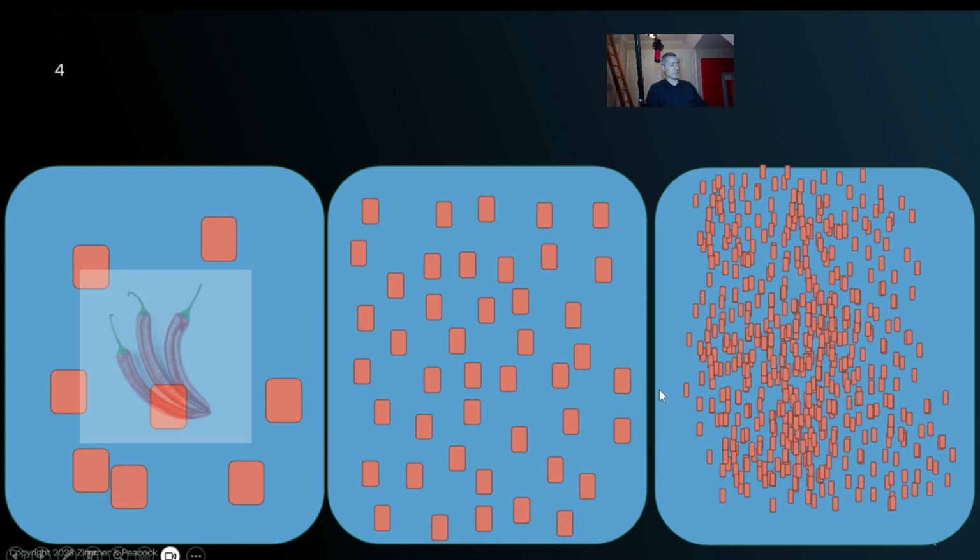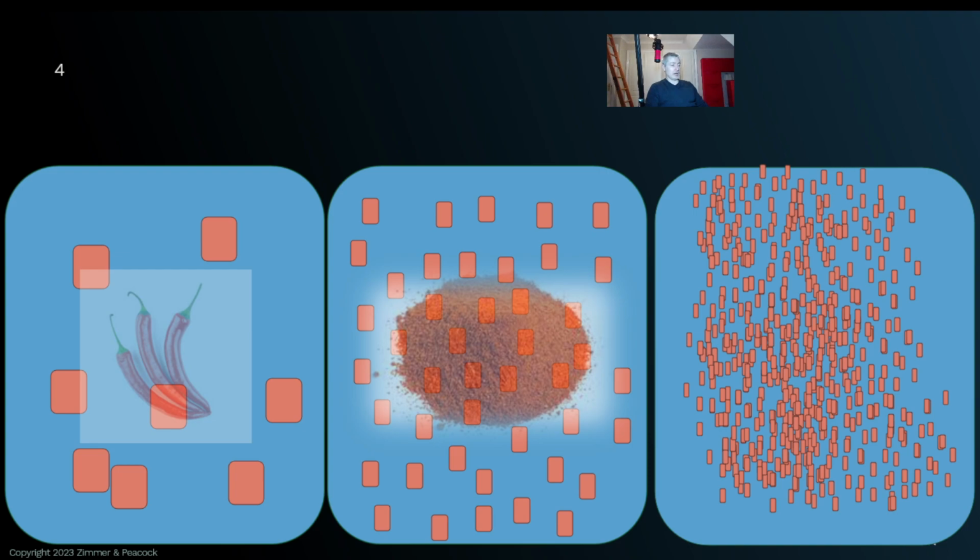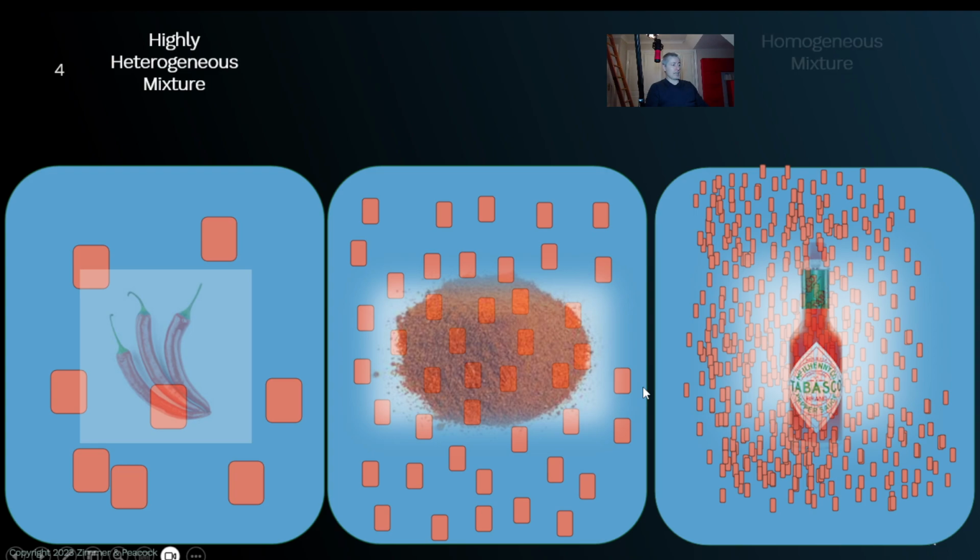Chilies are very heterogeneous. Chili powders are not as heterogeneous, I'd say, as a chili pepper, but definitely not as homogeneous as a chili sauce. So there's highly heterogeneous, homogeneous, and then the chili powder sits in the middle.